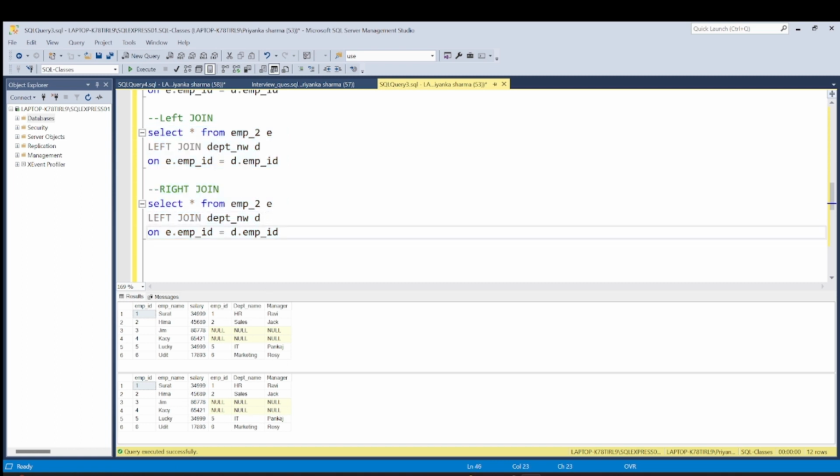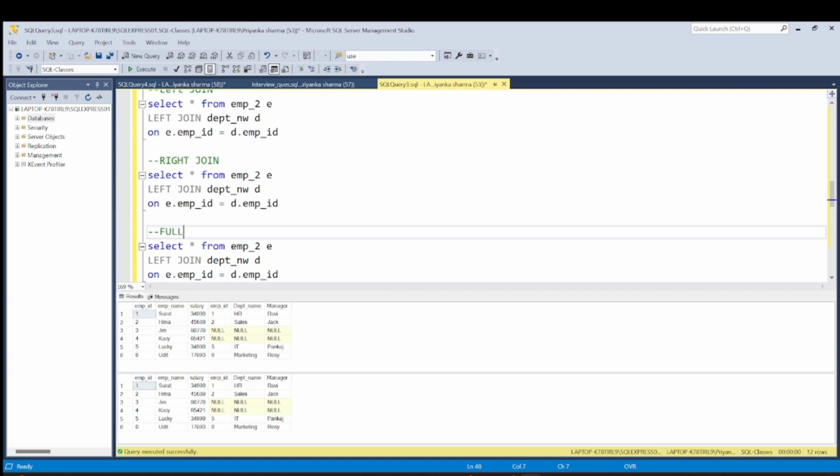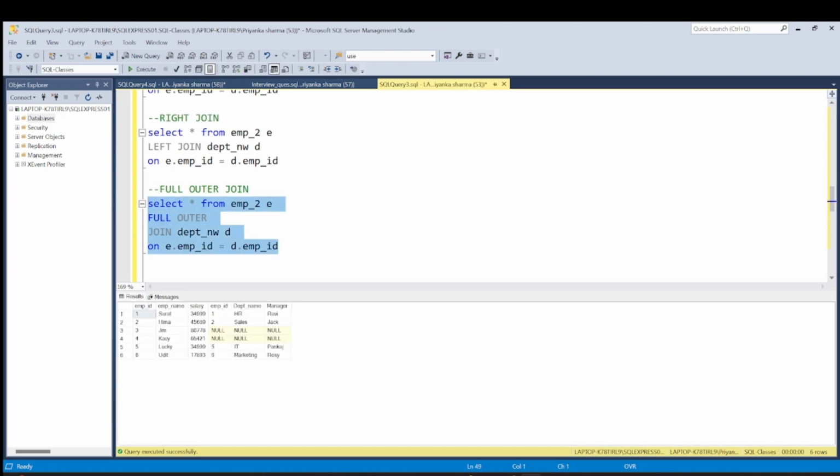Okay, now if I perform the full outer join, what will the full outer join result in? Let's see. I'll just have to change the name to full outer join, and here also I'll write full outer join. Okay, it is also giving me the same result as this.